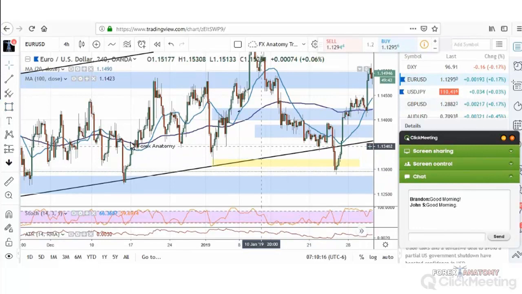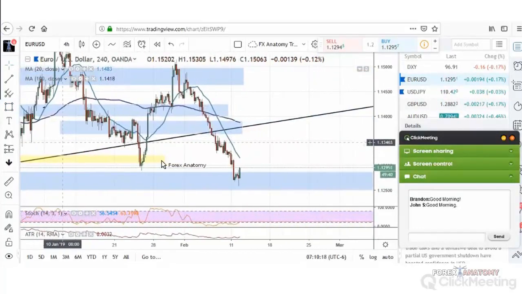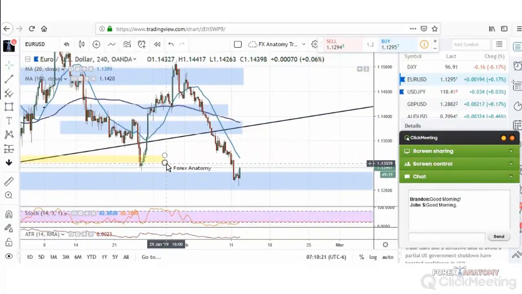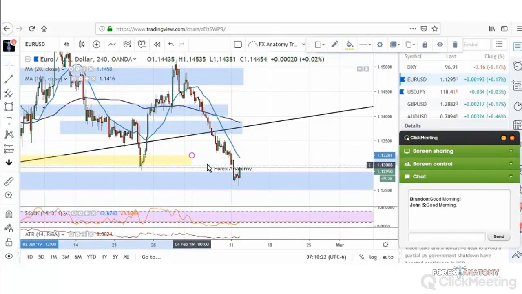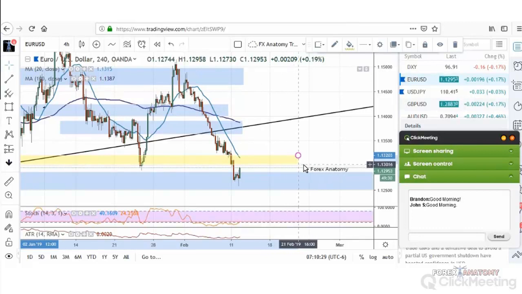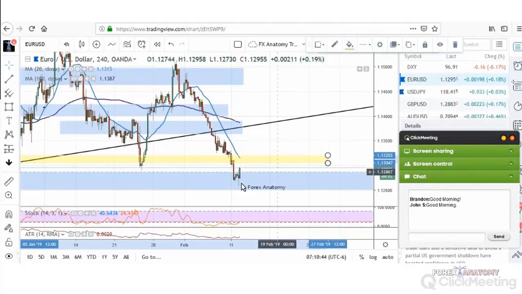So then let me drag this over. So right around here. Okay, let me know if you guys can see this zone or this box. If you guys can't, then I'll definitely change the color. But around 1305. Oh, this is good enough.